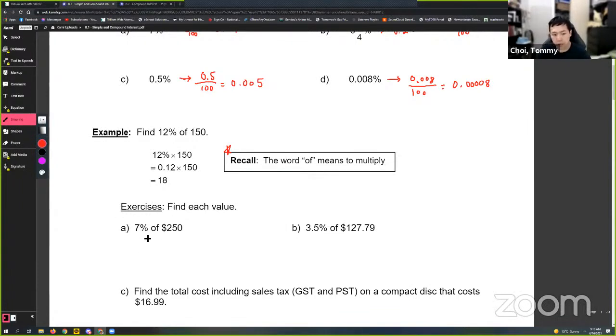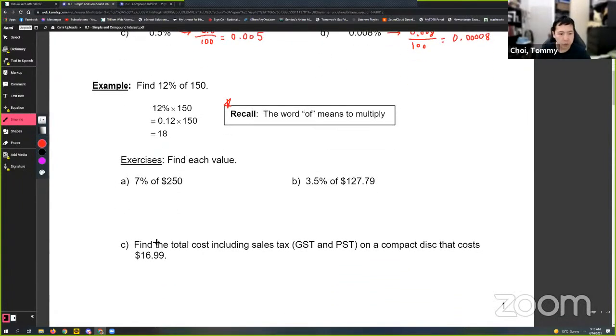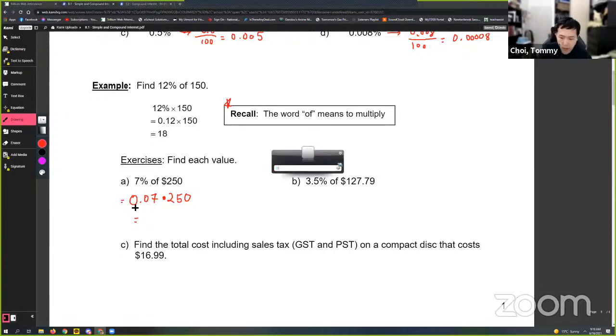So if we try to go here, 7% of $250, convert the 7 to 0.07. Of means to multiply. I'm just going to use the dot in the middle. And then times 250. And that's going to give us our final answer.